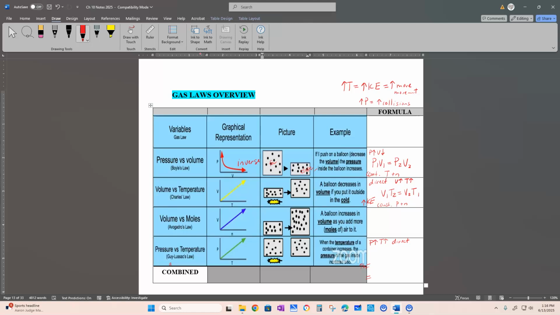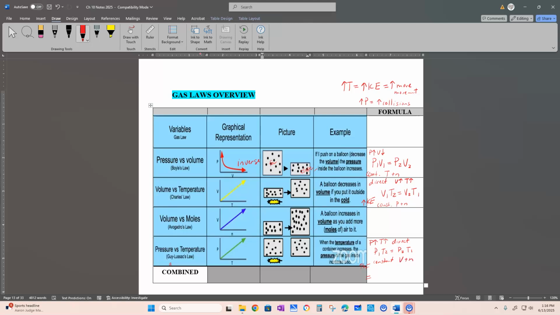With Gay-Lussac's, pressure goes up, temperature goes up, direct relationship. So it almost looks like Charles's law, except we just put the pressure in instead. So P1 T2 is P2 T1, okay? And what has to stay constant is volume and moles, okay?